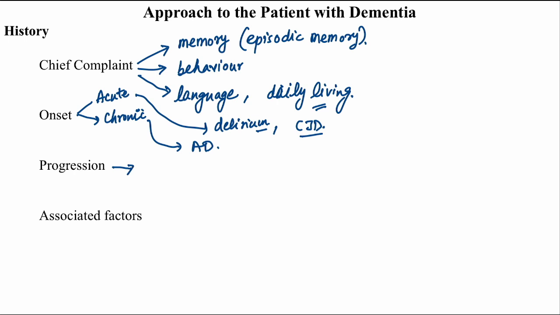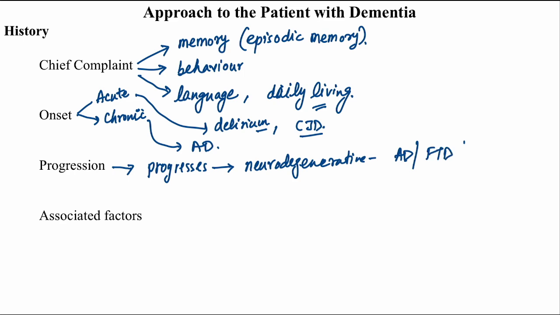Progression, if it progresses, it is neurodegenerative in nature. Neurodegenerative like Alzheimer's disease, frontotemporal dementia, Parkinson disease with dementia, means they are progressive. If it is non-progressive, it can be vascular. Vascular is usually non-progressive.